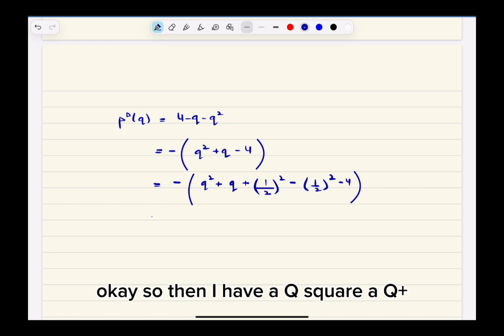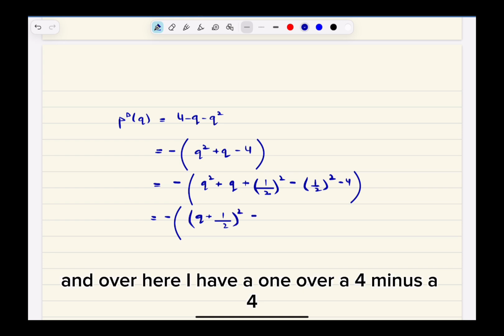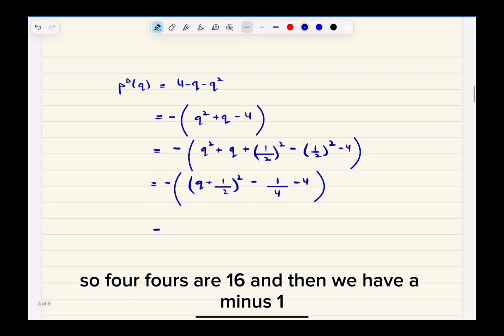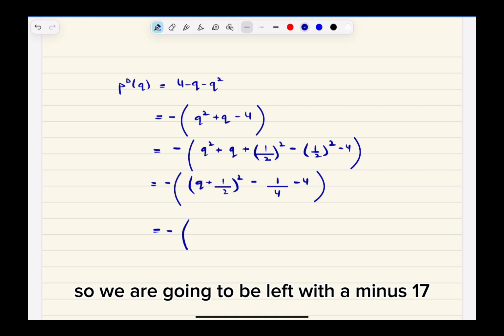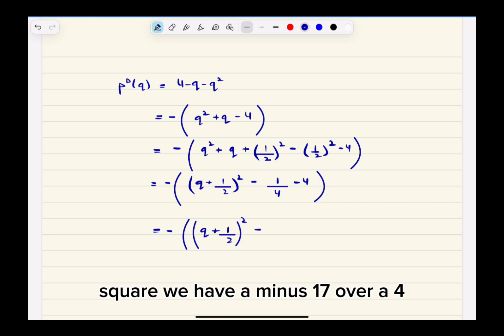So then I have q plus a half, squared, and over here I have 1 over 4 minus 4. So 4 fours are 16, and then we have a minus 1, so we are left with minus 17 over 4.